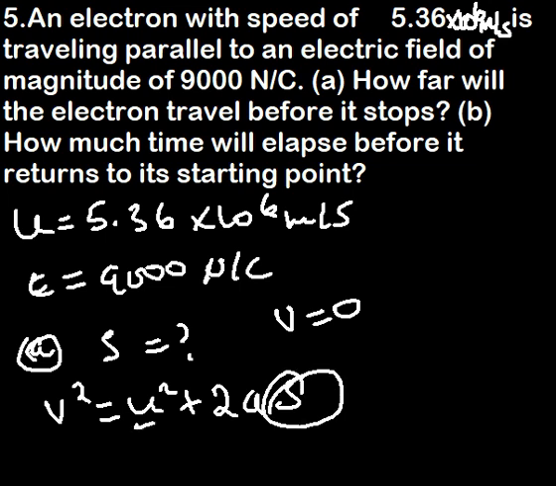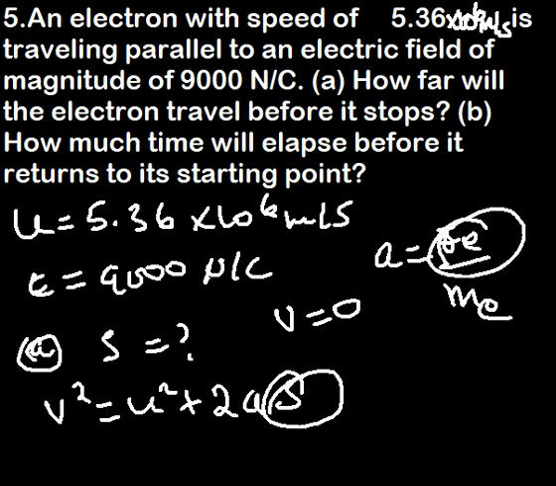Since we have the initial as well as the final velocity, we're going to get the acceleration using Newton's second law of motion. That is, acceleration is given as Fe divided by the mass of the electron, and this one will be given as the electric field times the charge. That's how you have it.